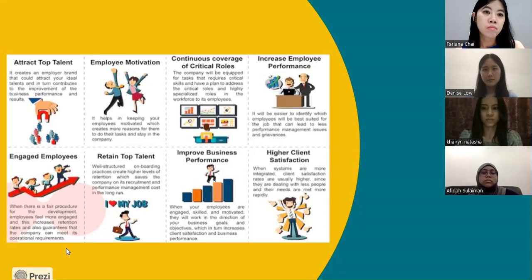Since it can create consistent decisions about the development of employees, there is a fair procedure of development. Because of this fair procedure, it can make employees sustain in the company, so it can create a high level of retention in the organization.